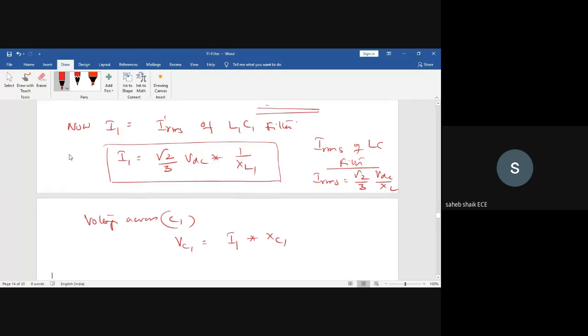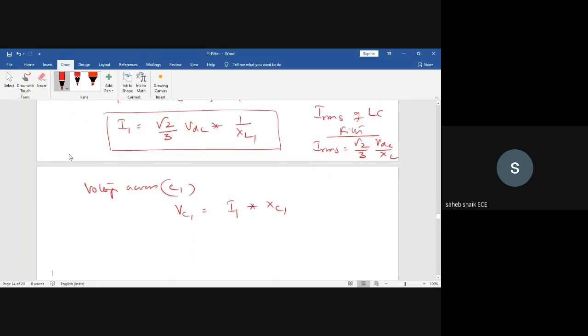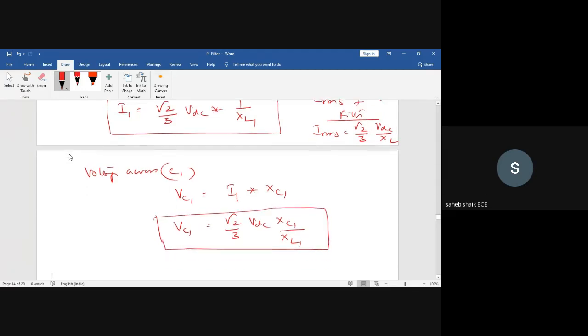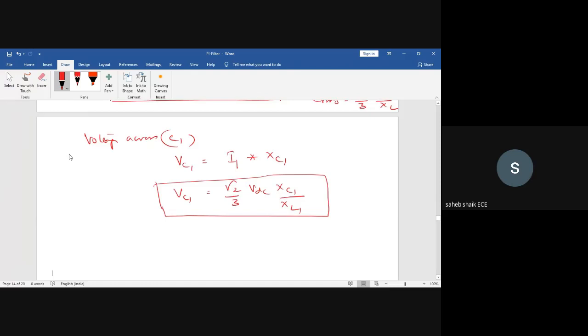The voltage across C1 is V equal to I into XC, that is I1 into XC1. With the I1 value, this is root 2 by 3 VDC into XC1 by XL1. Is this okay?